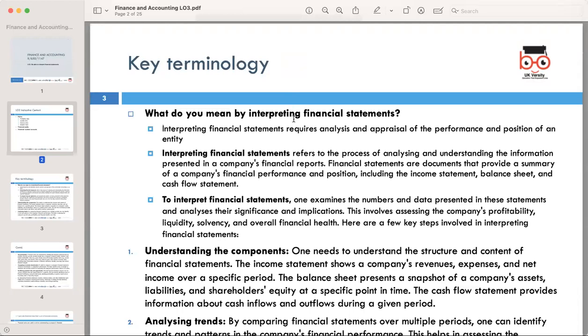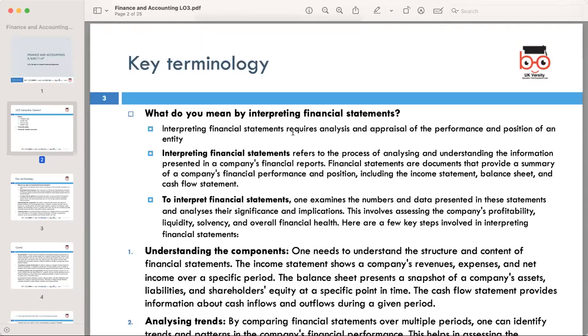The balance sheet presents a snapshot of a company's assets, liabilities, and shareholders' equity at a specific point in time. The cash flow statement provides information about cash inflows and outflows during a given period.